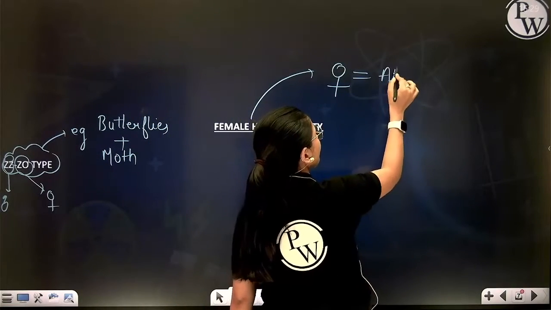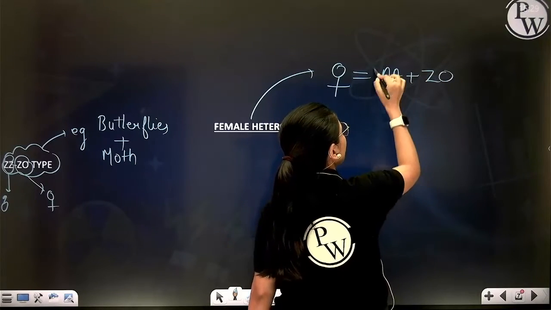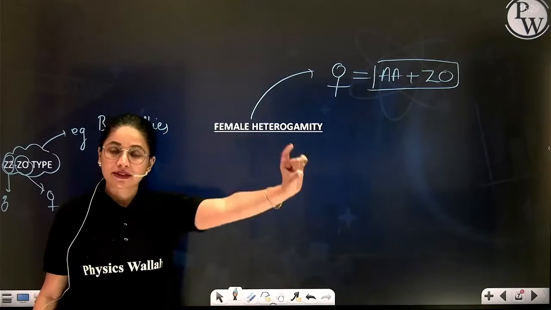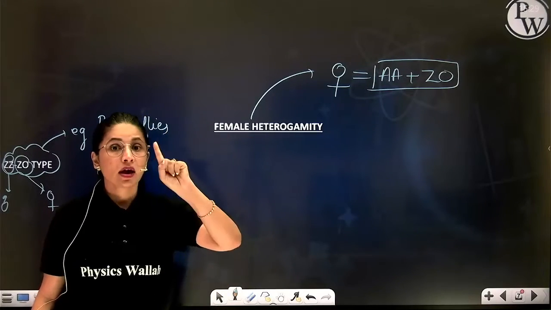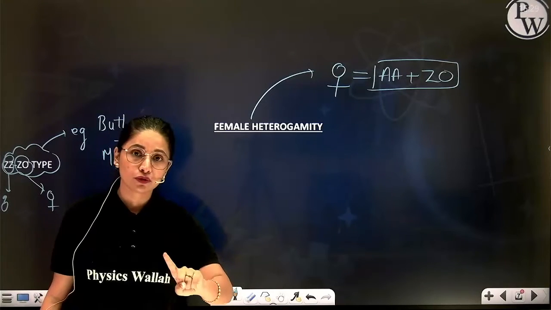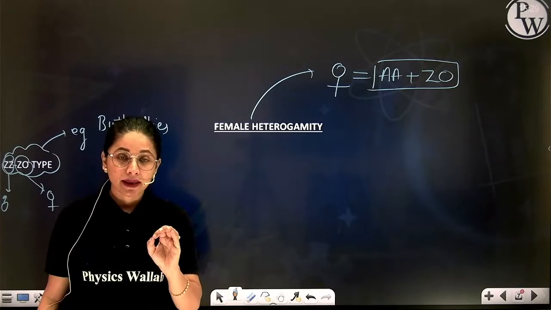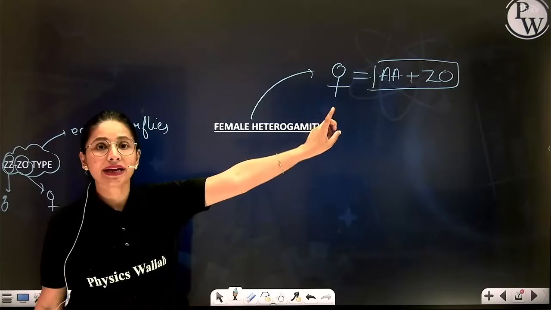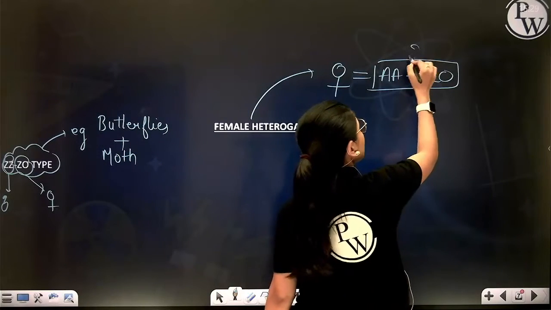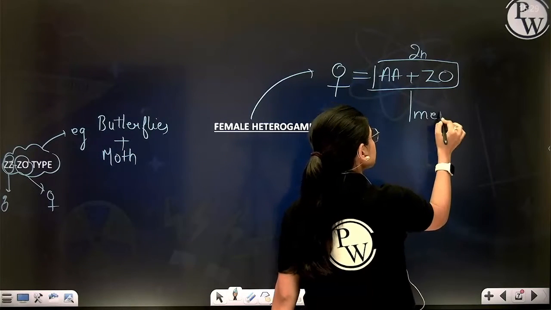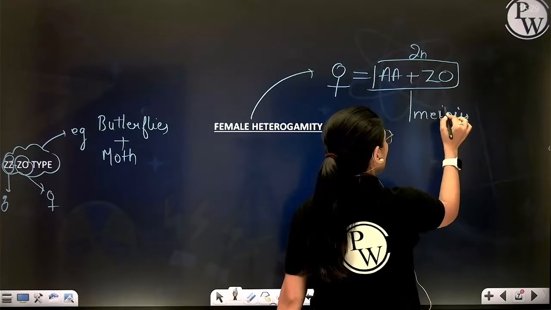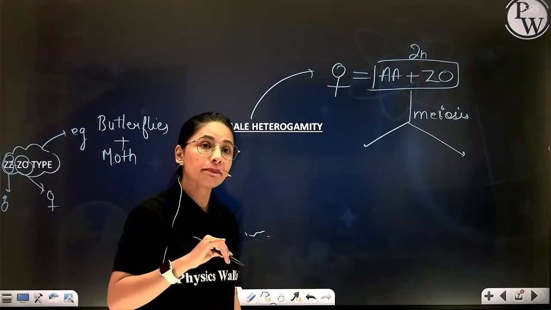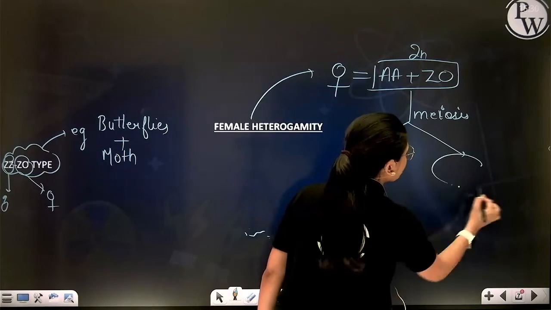The diploid cell of a female has a specific pair of autosomes plus one pair of sex chromosomes in which only one sex chromosome is present and the second is absent. When such a diploid cell undergoes reduction division, two types of gametes will be produced.